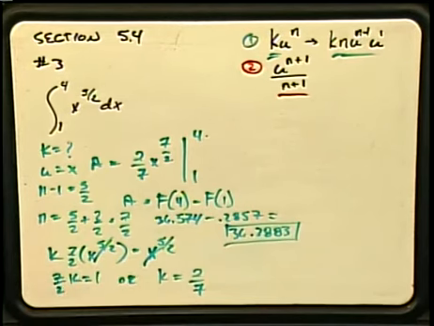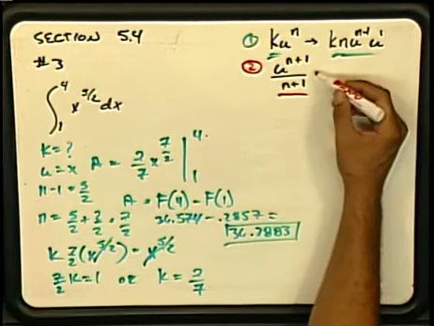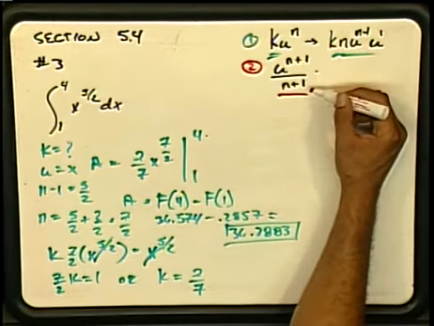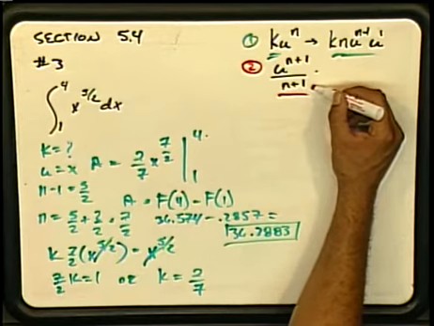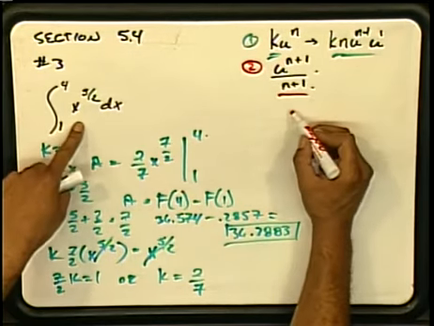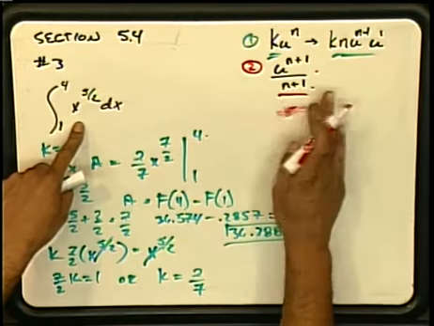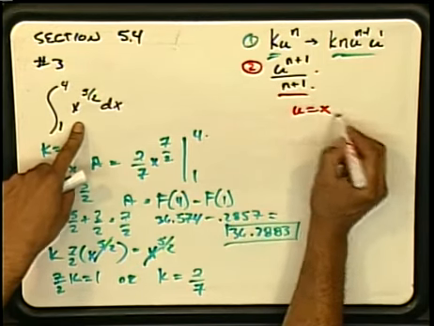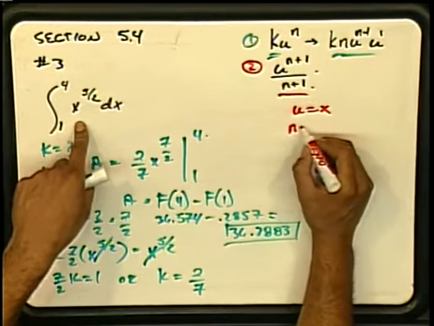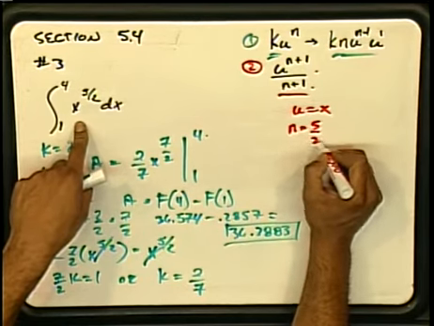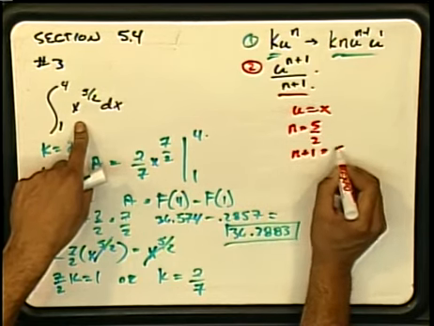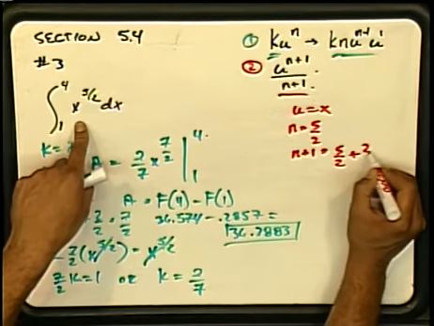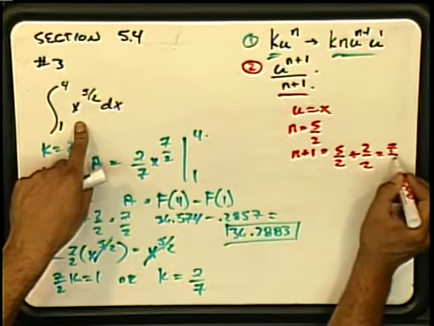The other method, we'll use n plus 1 over n plus 1. U equals x, n equals 5 halves. n plus 1 equals 5 halves plus 1 equals 7 halves.